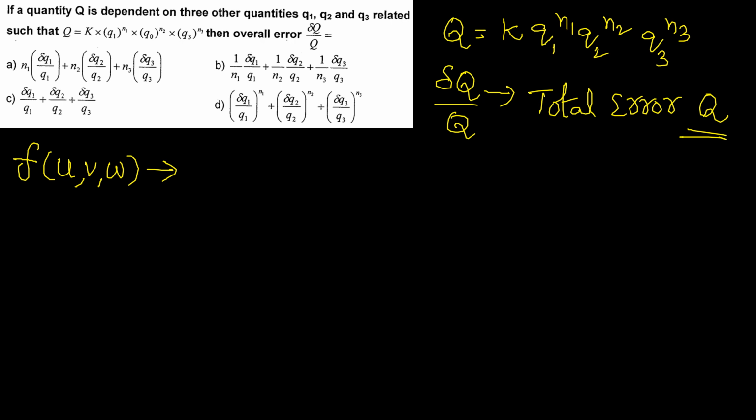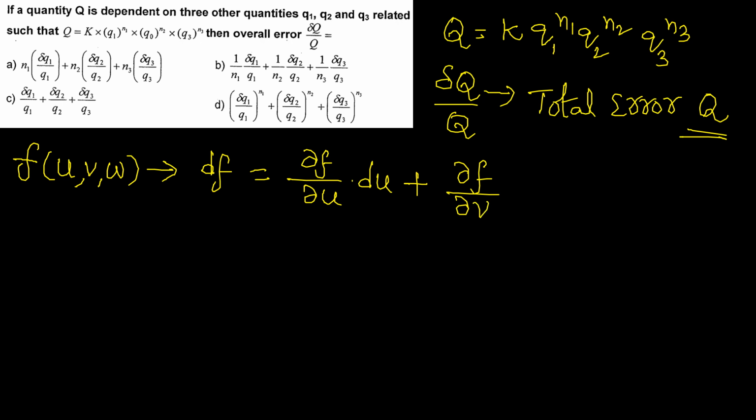Now the total differential of function f, df, can be given as dou f by dou u times du plus dou f by dou v times dv plus dou f by dou w times dw.